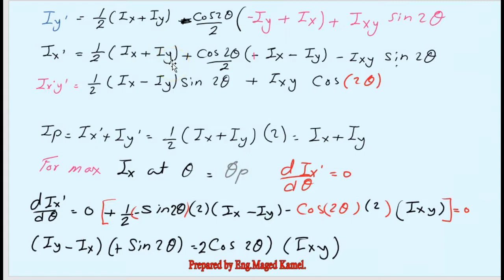We have Ix dash equal to 1/2 (Ix plus Iy) plus 1/2 cosine 2 theta multiplied by (Ix minus Iy) minus Ixy sine 2 theta. If we differentiate it, the first term will become 0, plus 1/2 the cosine 2 theta becoming minus sine 2 theta multiplied by 2 and multiplied by (Ix minus Iy), and for the last term we have the differentiation of sine 2 theta, which is 2 cosine 2 theta, multiplied by 2 again by Ixy, equated to 0.